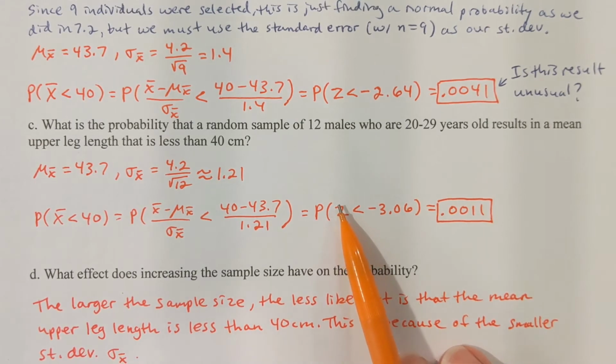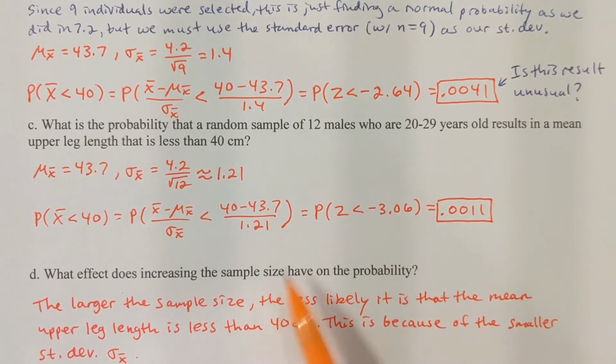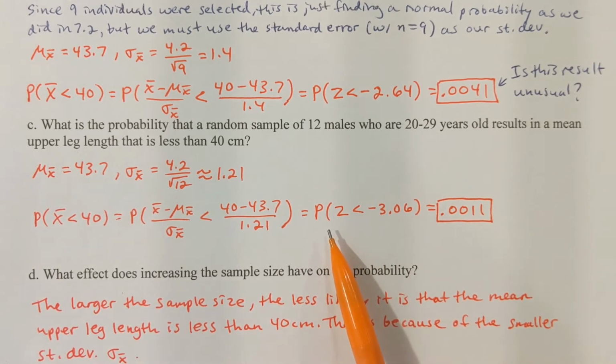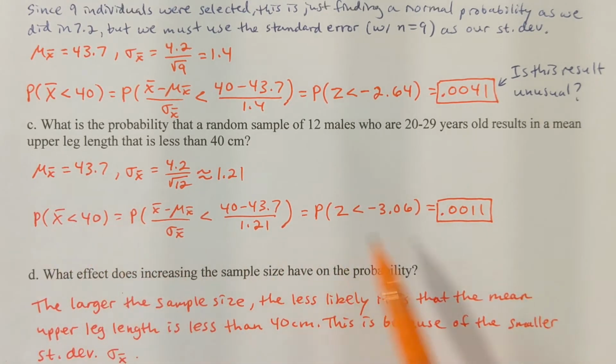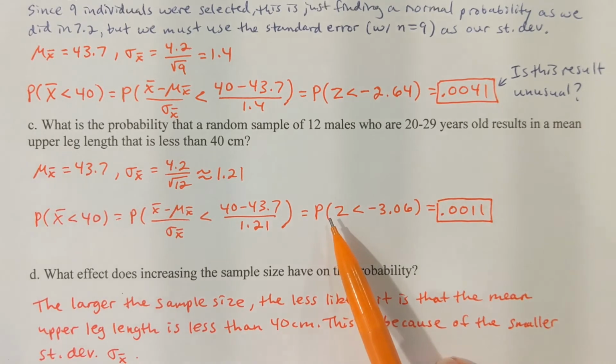By the way, notice how I'm not writing z bar. I'm just writing z, because I need to get my z-score and I need to go to the chart to look up my area to the left. I'm not taking an average of z-scores. I'm taking an average of x values, but I am not taking an average of z-scores. Okay, so just a notational thing there to point out.